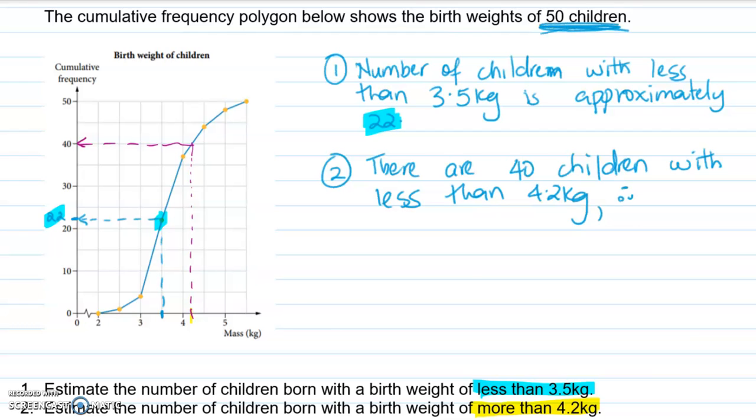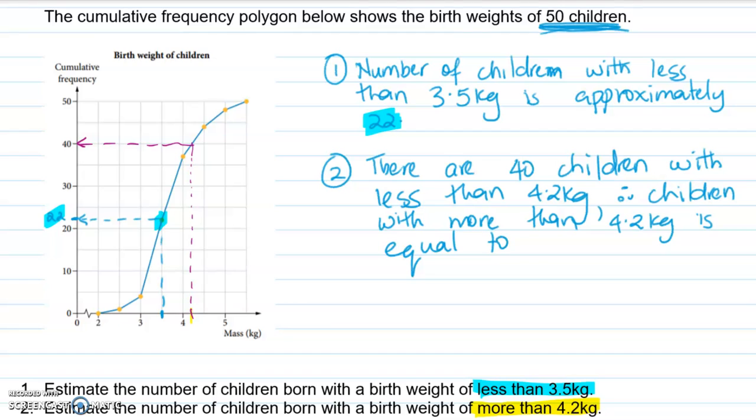Therefore, whatever the total was, which is 50, you take the 40 away from the total. So 50 take away 40 gives me 10 children. Let's just highlight this bit over there.